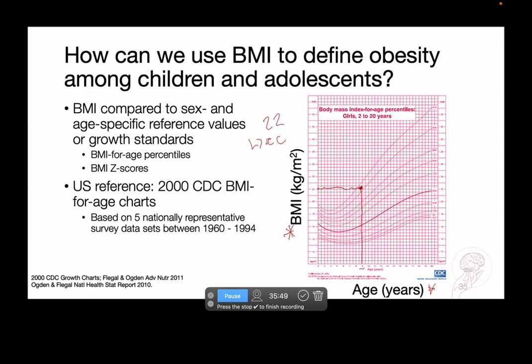So right where that red dot is, and we then look, okay, what line is under it? That's the 95th percentile. So a 9-year-old with a BMI of 22, although it's recommended for an adult, for a 9-year-old girl, this is an obese BMI.